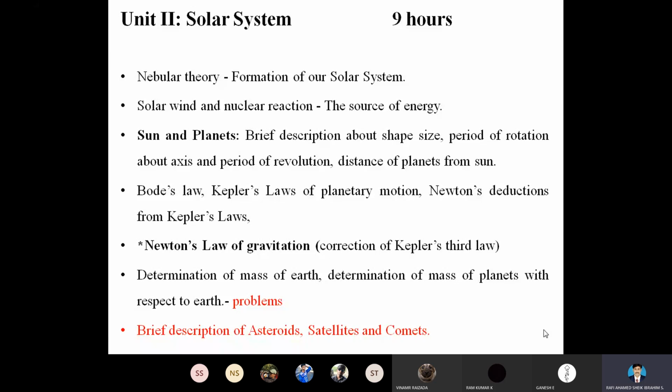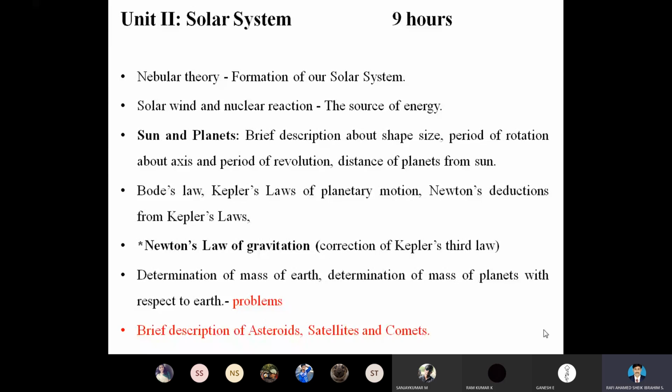In the previous class, we studied the determination of the mass of the Earth. We studied the determination of the mass of the planet with respect to the sun, and also we studied Newton's modification of Kepler's third law.